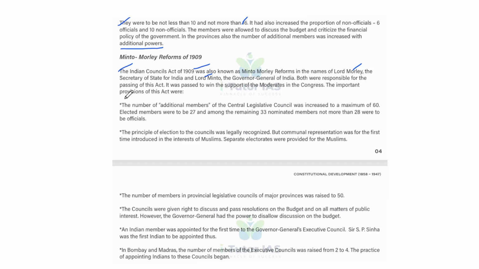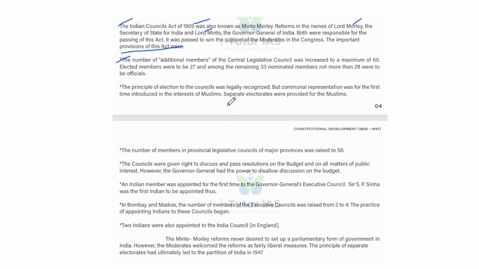the Congress. The important provisions of this act are: the number of additional members of the Central Legislative Council was increased to a maximum of 60, and elected members were to be 27, and among the remaining 33 nominated members, not more than 28 were to be officials.